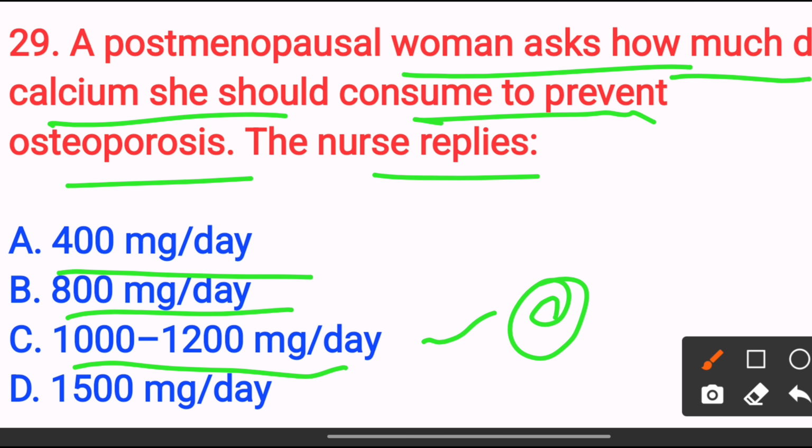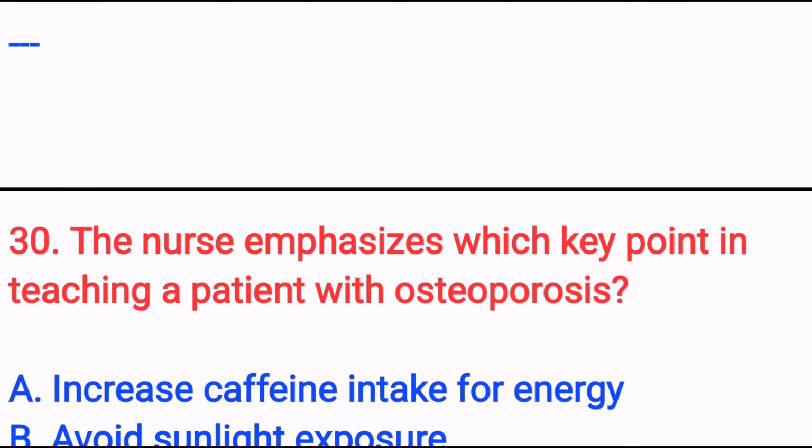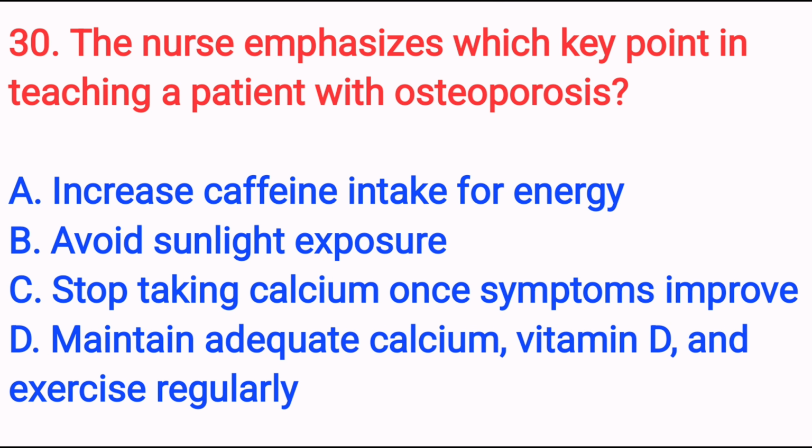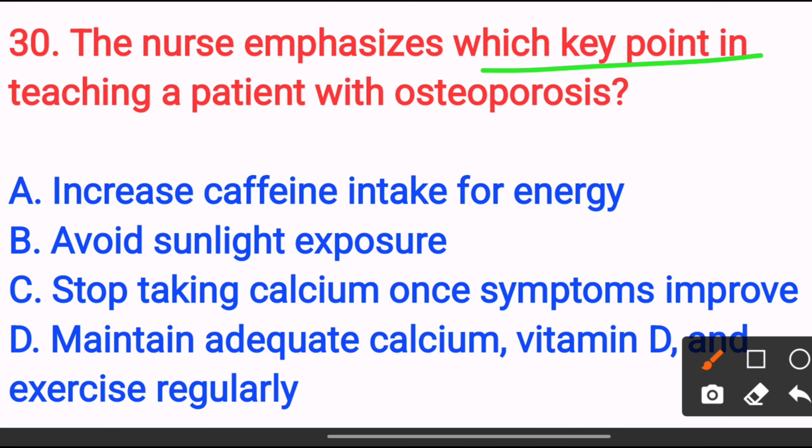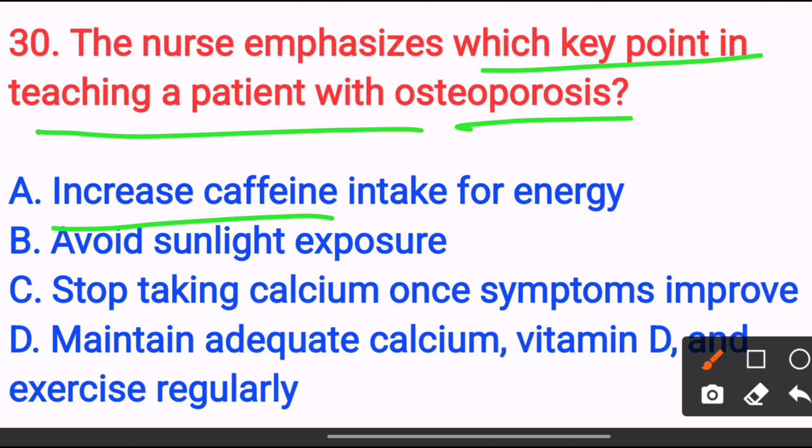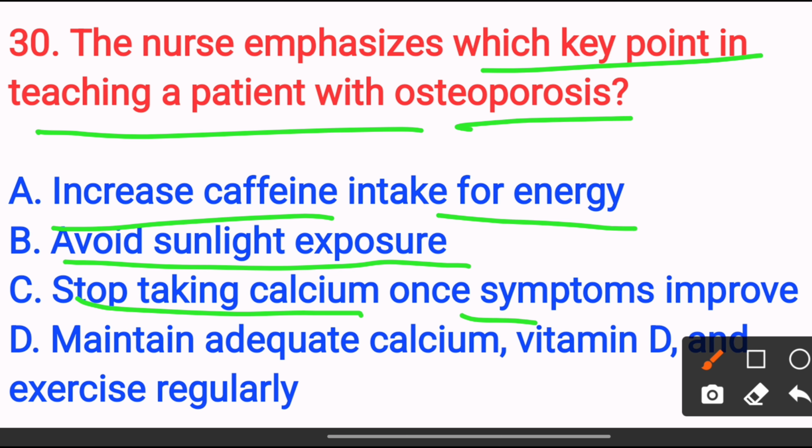Next, the nurse emphasizes which key points in teaching a patient with osteoporosis? Option A, increase the caffeine intake for energy. Option B, avoid sunlight exposure. Option C, stop taking calcium once symptoms improve.